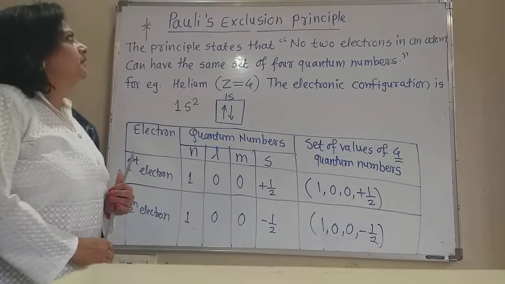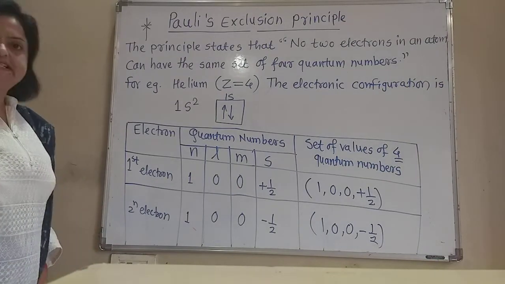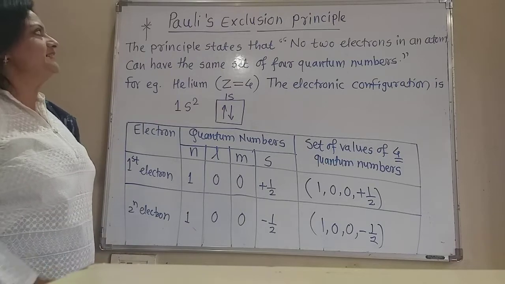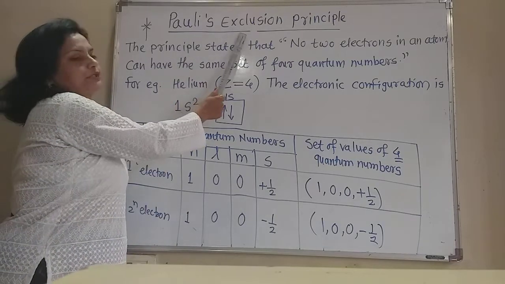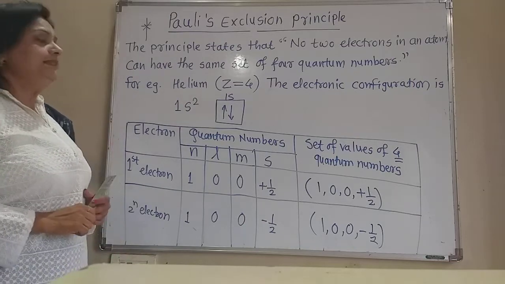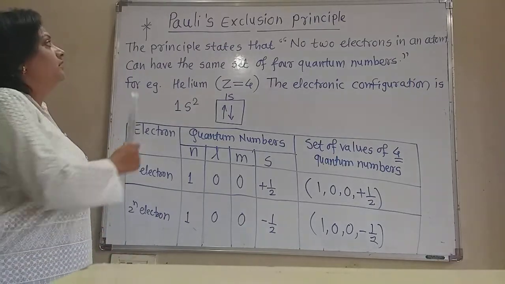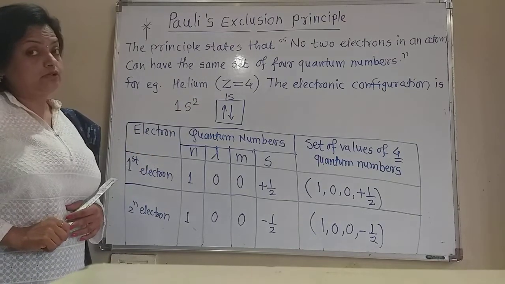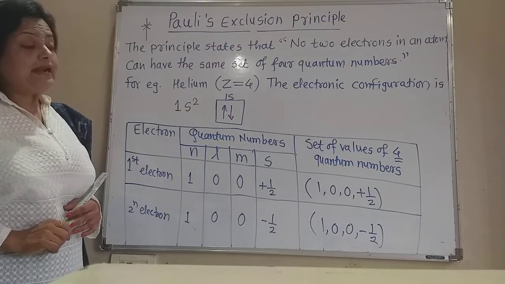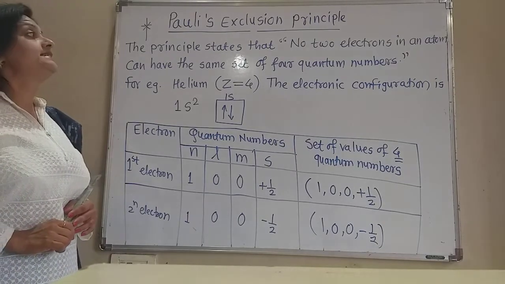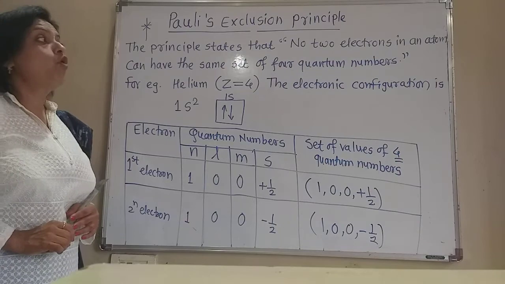Now see, this is the second principle about the filling of the electrons. The name of this principle is Pauli's exclusion principle. The name of the scientist is Pauli. In this principle, he states that no two electrons in an atom can have the same set of 4 quantum numbers.